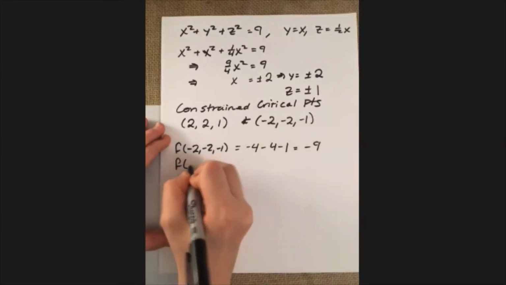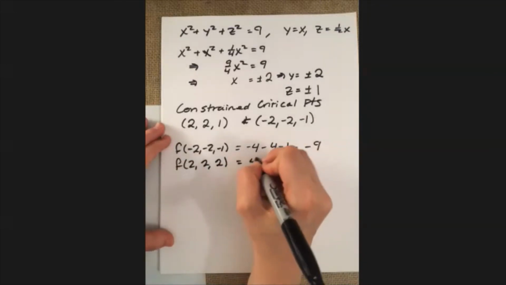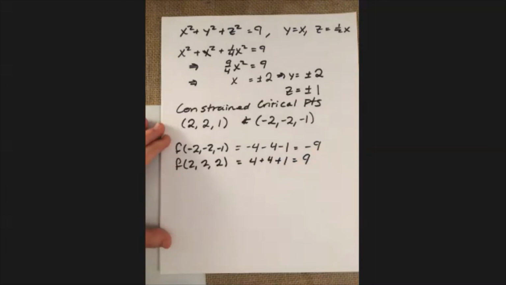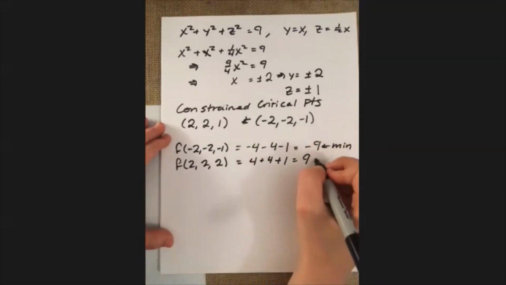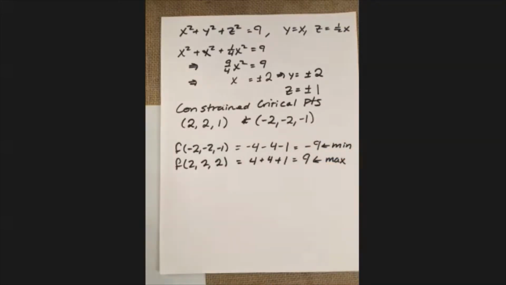And then f at 2, 2, 1, we're going to get 4 plus 4 plus 1, which is equal to positive 9. Well, that's pretty clearly going to be our minimum, and this is going to be our maximum. And that's pretty much all there was to that problem. That was pretty straightforward.